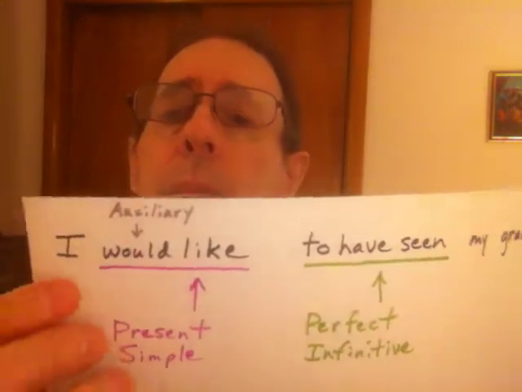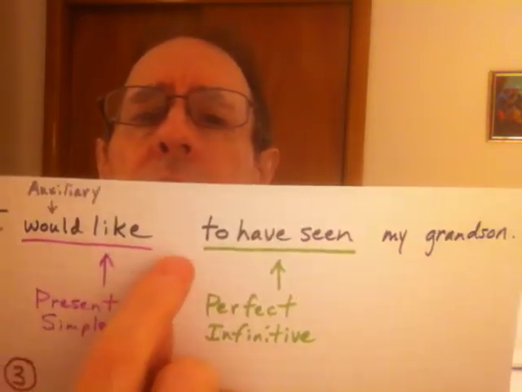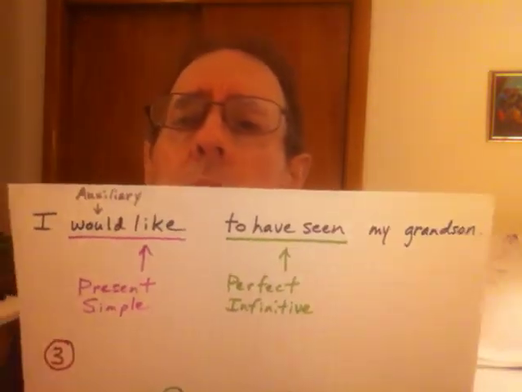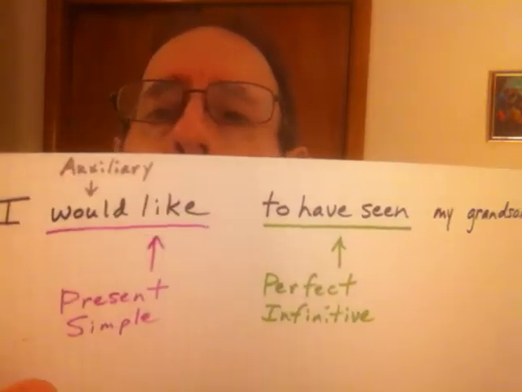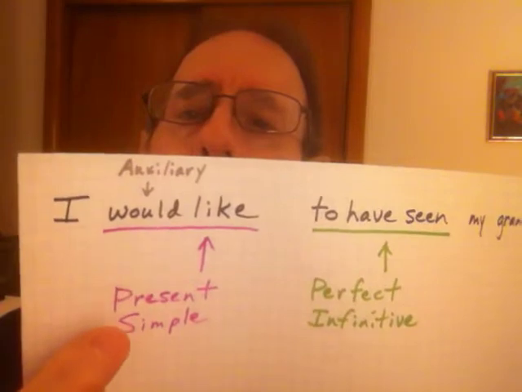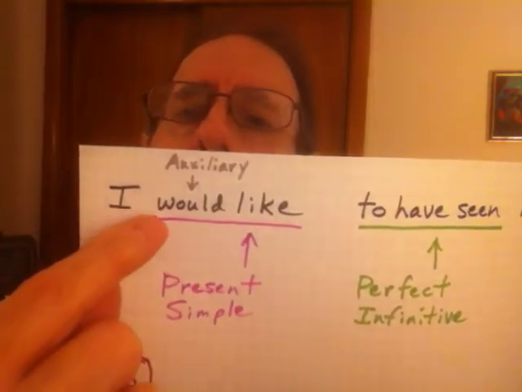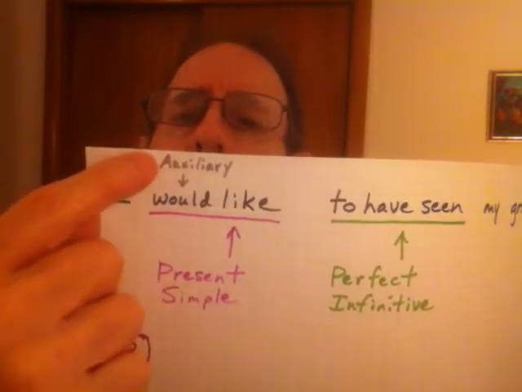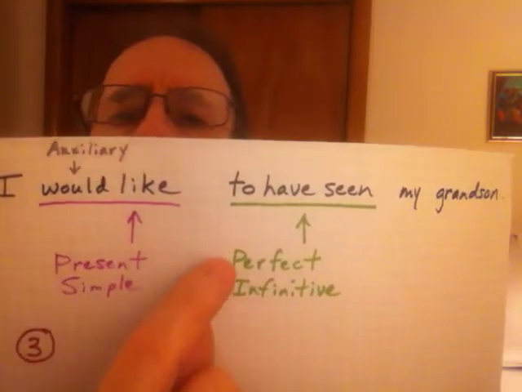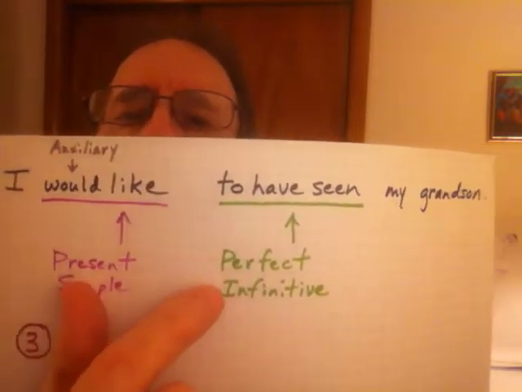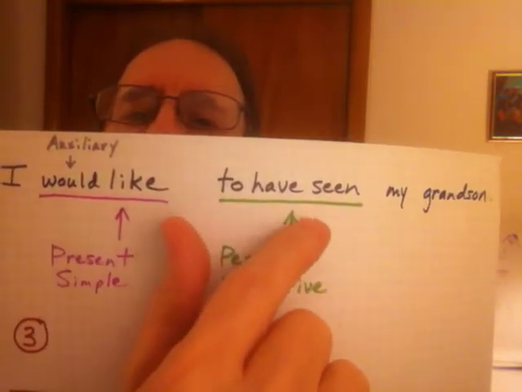Next sentence would be, I would like to have seen my grandson. I would like to have seen my grandson. Now here again, we have the present simple tense, but it's slightly altered with the auxiliary verb or the helping verb or the helping word, right? Now here we have a perfect infinitive, to have seen, right?